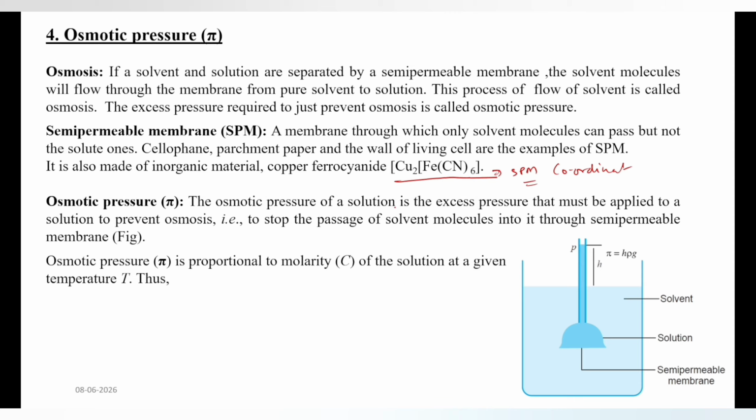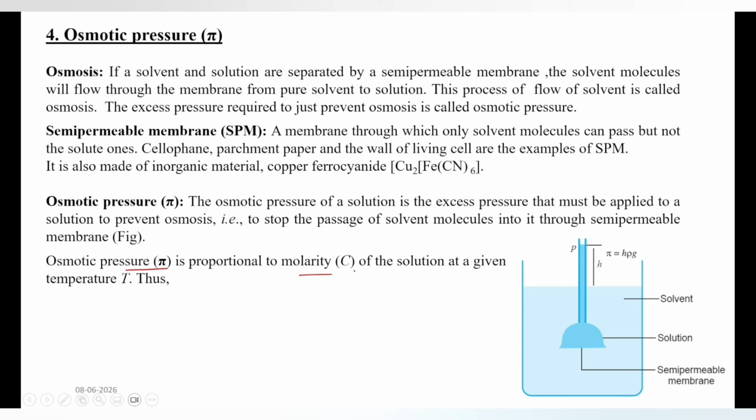Now, what is osmotic pressure? The osmotic pressure of a solution is the excess pressure that must be applied in order to prevent osmosis, to stop the flow of solvent molecules through the semi-permeable membrane. Osmotic pressure is represented by pi. It is proportional to molarity, that is, the concentration of the solution at a given temperature.